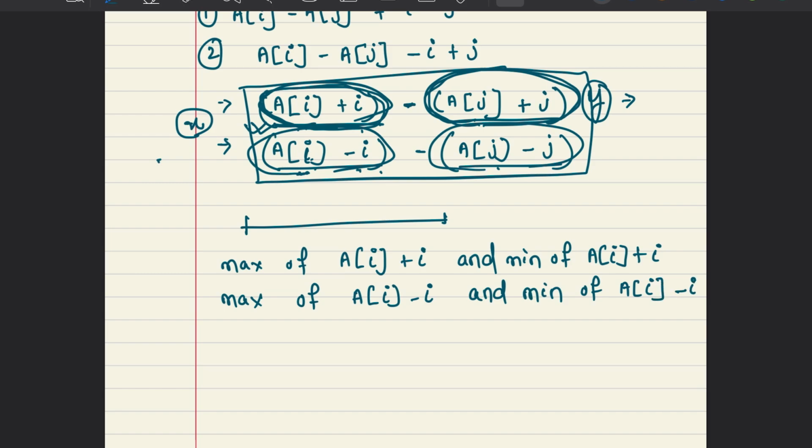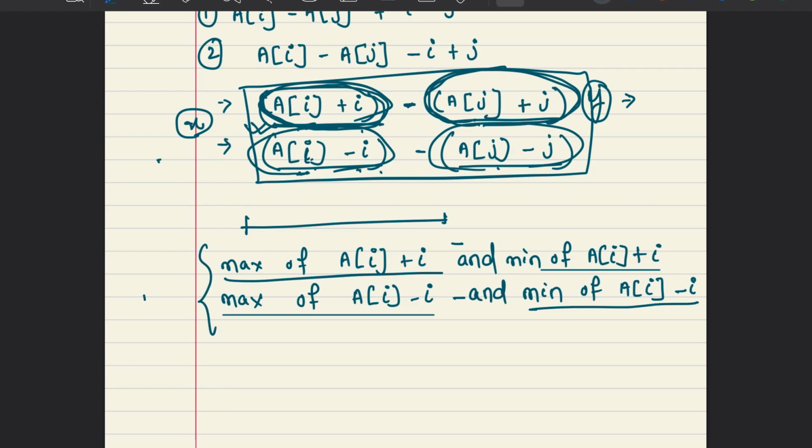Okay, and we have to find the difference. So max of a[i] plus i minus min of a[i] plus i, and max of a[i] minus i minus min of a[i] minus i. Then whatever is the max of this, that will be our result.